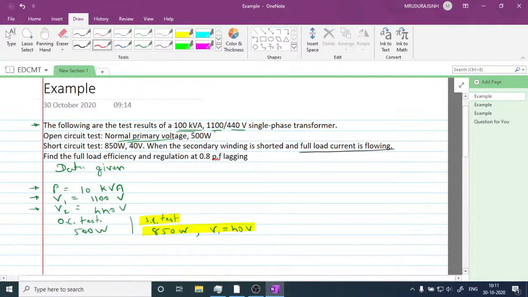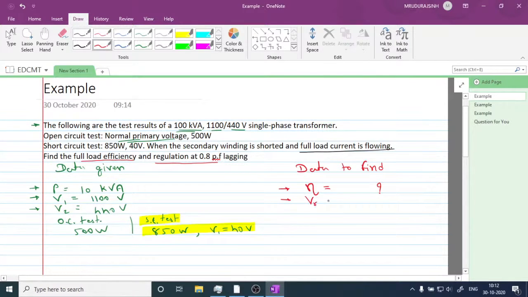Now what do we need to find? The data we need to find is the full load efficiency. So we need to calculate efficiency and regulation at 0.8 power factor.